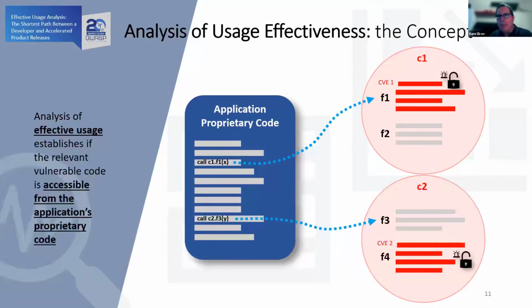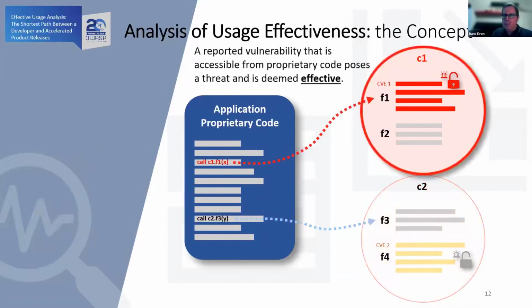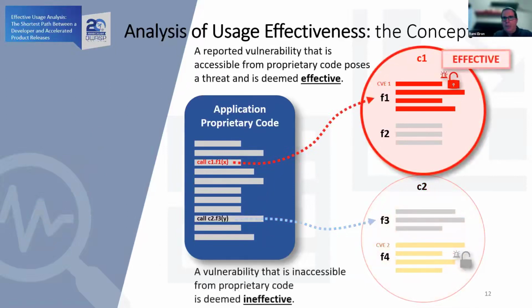idea here, hopefully. And as you can tell, the significant part here is, number one, running a vulnerability analysis process, and number two, figuring out how that vulnerable code is being used. And the ultimate result here, and our conclusion, is that one of those cases, the one that is with C1, is deemed effective, because here the code from the application proprietary code accesses F1, which has a reported vulnerability.